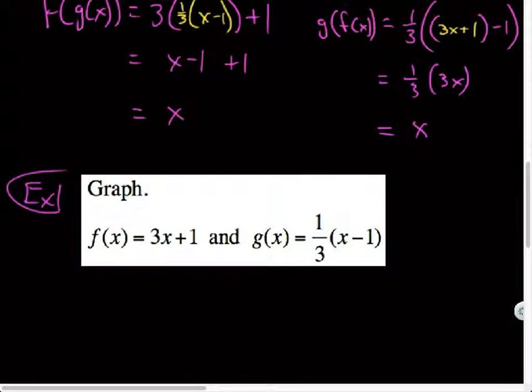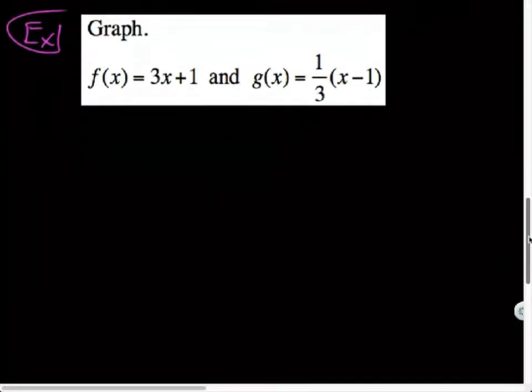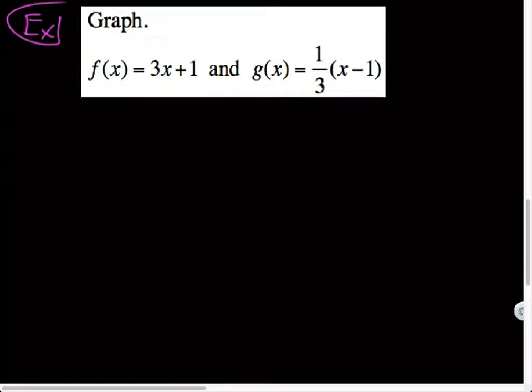So here's my function and its inverse, and I want to graph these. Now, what I want to point out is these are both equations of lines. This one, the slope is, what is the slope actually? 3, and the y-intercept b is equal to 1. You might remember that.